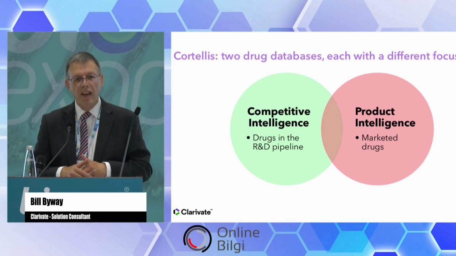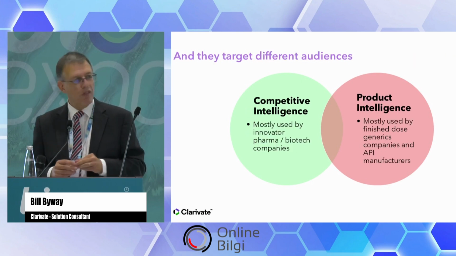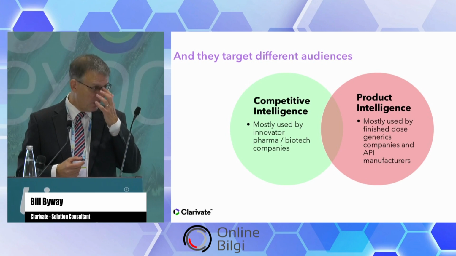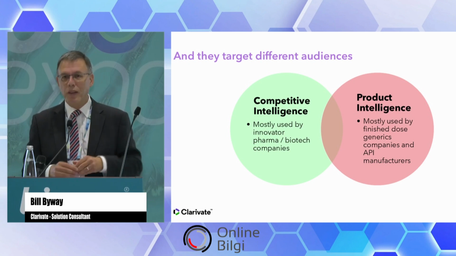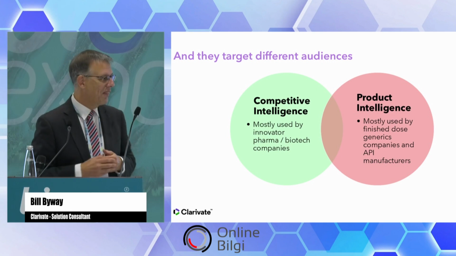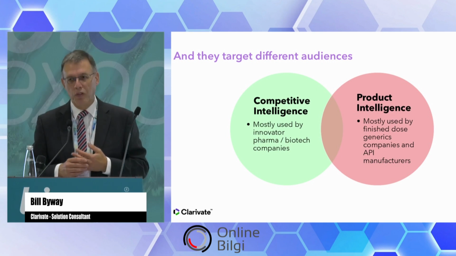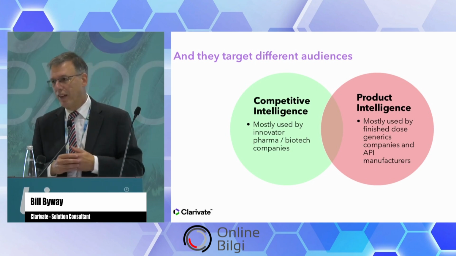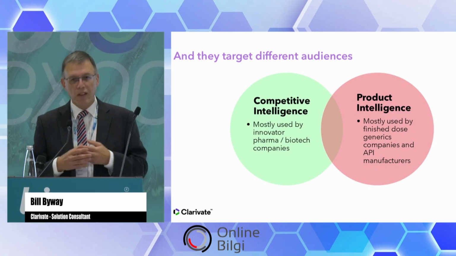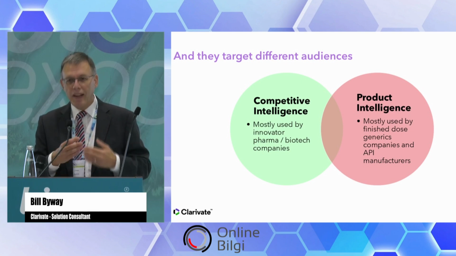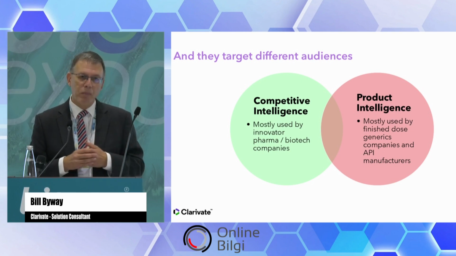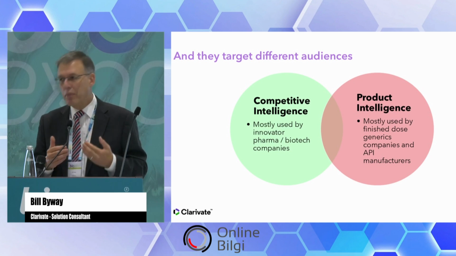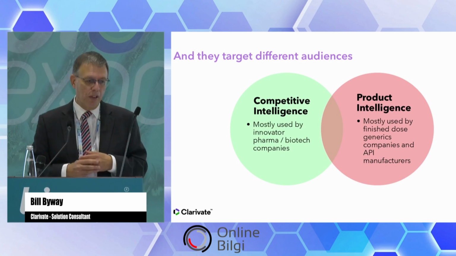And that means traditionally different types of company use the two different solutions. Competitive Intelligence, back when we started the database 30 years ago, we were looking to market that data to the big innovator pharmas, to Pfizer, to Amgen, to GlaxoSmithKline, etc. Product Intelligence, we mainly promote and is mostly used by companies working in the generic space, either finished dose generics, or API manufacturers, maybe now biosimilars as well.